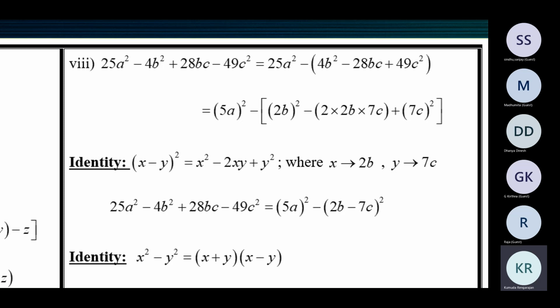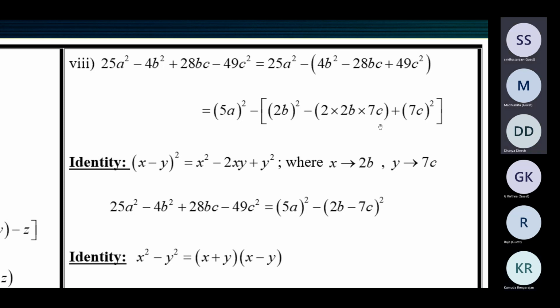Now in the second step, you must write 25a square as 5a the whole square, and then show that this bracket is of the form x square minus 2xy plus y square. So 4b square minus 28bc plus 49c square, that is x square minus 2xy plus y square, can be written as x minus y the whole square, correct?